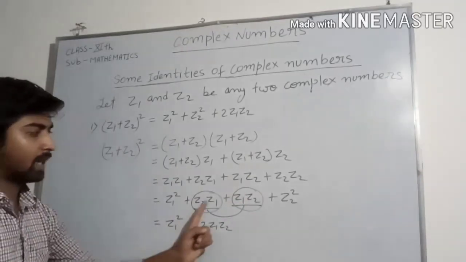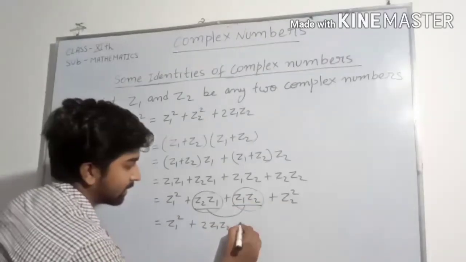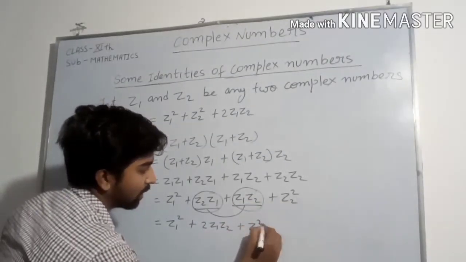After addition we will get 2 z1 z2, and this is square of z2.